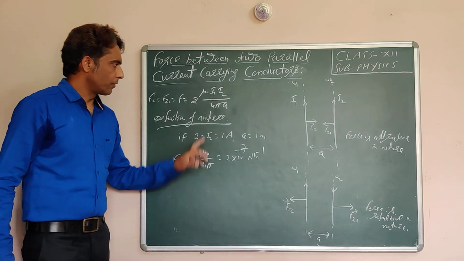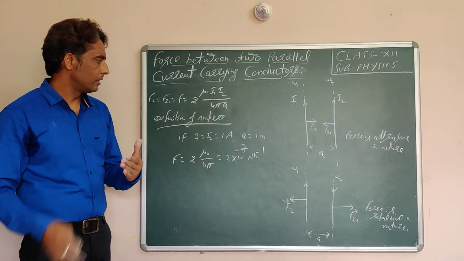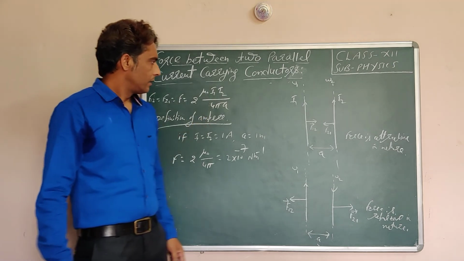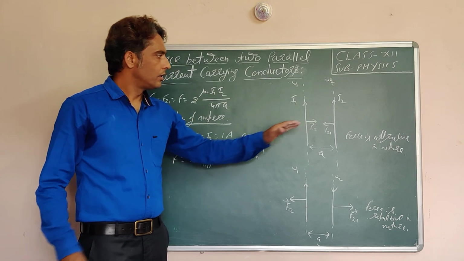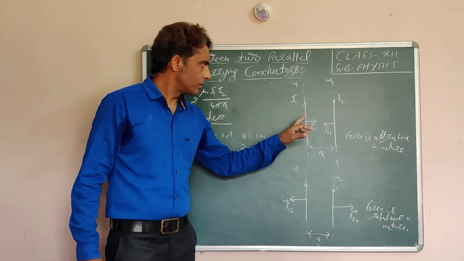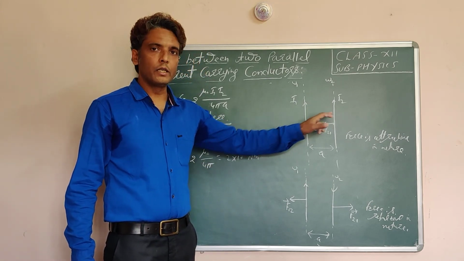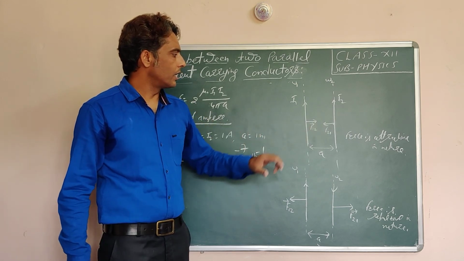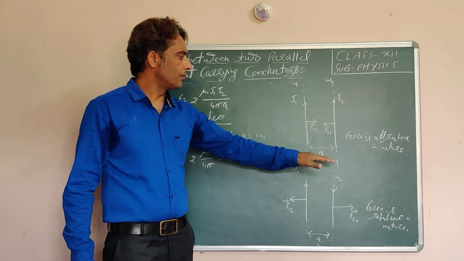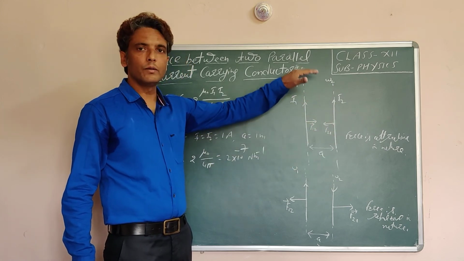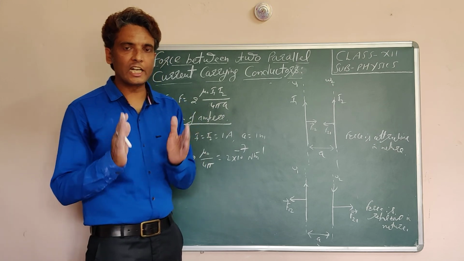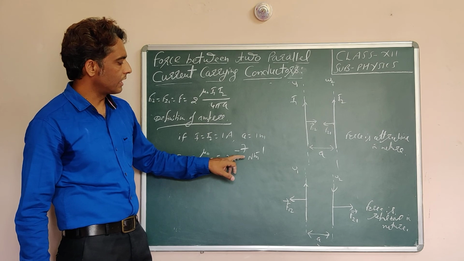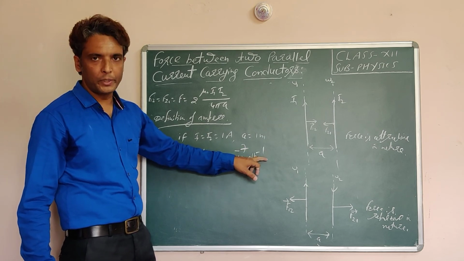So from this expression we can define 1 ampere as that current which when flowing through two parallel conductors of infinite length, separated by a distance of 1 meter in vacuum, makes them attract or repel each other with a force of 2 into 10 raised to the power minus 7 Newton per meter.